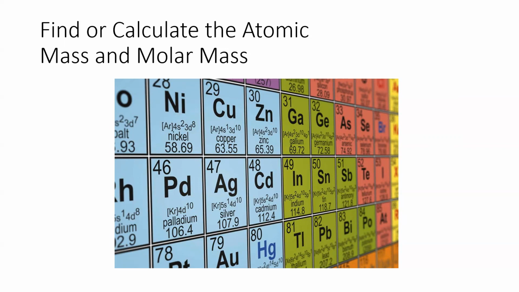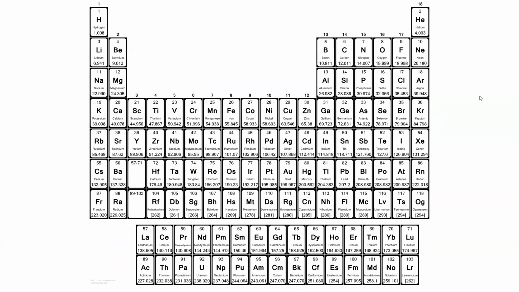So you would add up the mass of copper and the mass of oxygen. I included another larger periodic table where you can see the mass of all of the elements, in most cases to the thousandths place. So it gives you plenty of significant figures to be able to do your calculations.